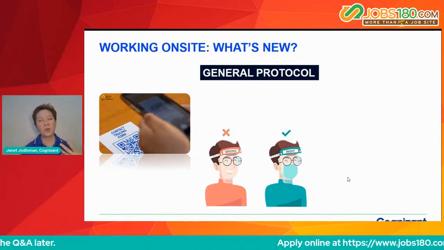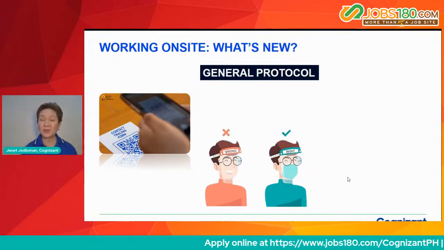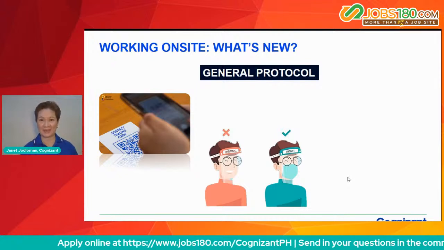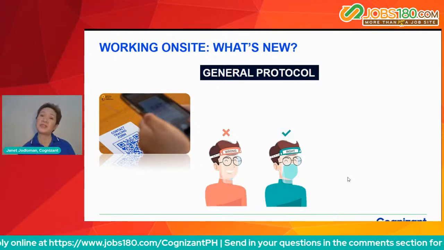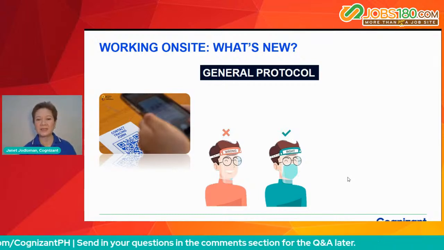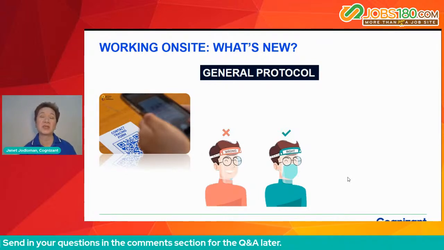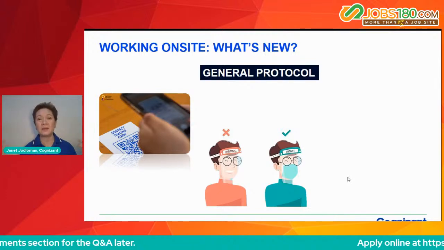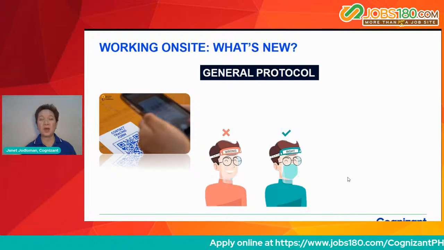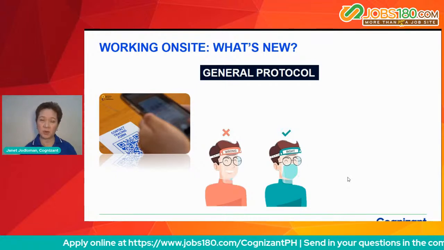Of course, we encourage people to speak louder, to speak a little bit clearer, open their mouths, enunciate, especially because understandability is very important. But unfortunately, this is something that we are very strict with. We want to make sure that everyone in the company, if you're inside the office or working on site, is safe and continues to follow the general protocol.